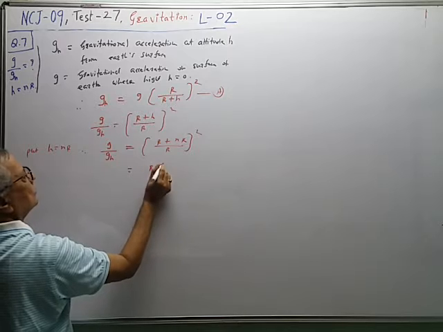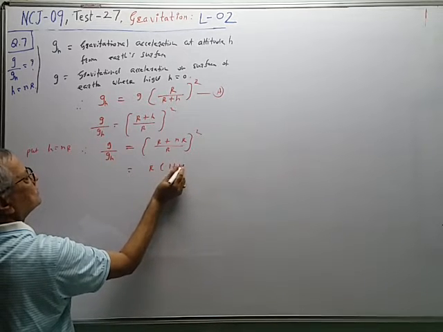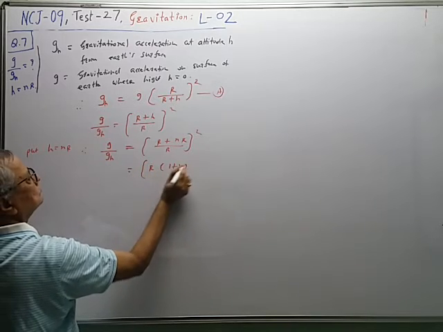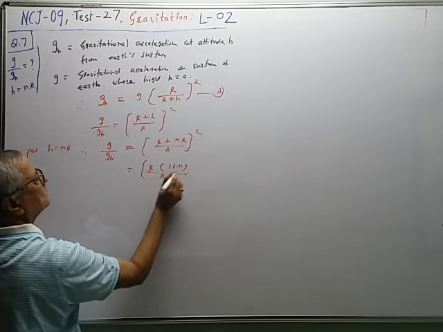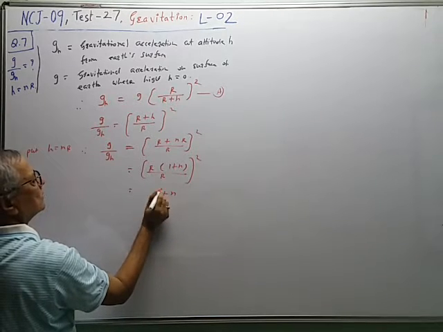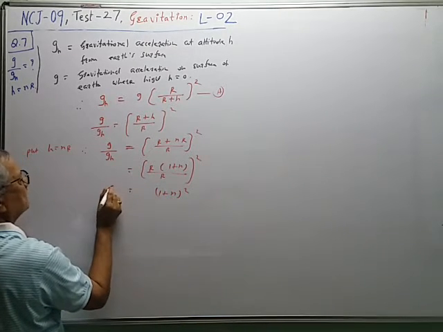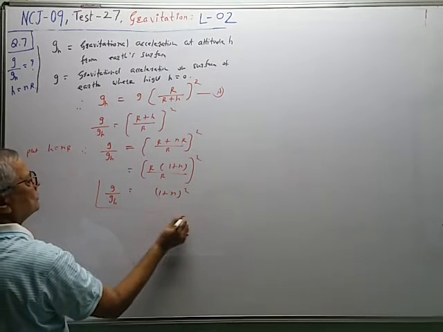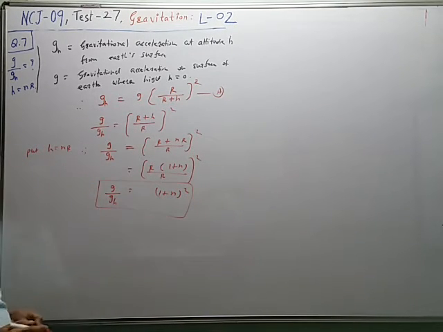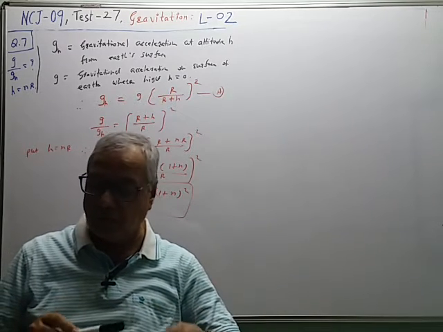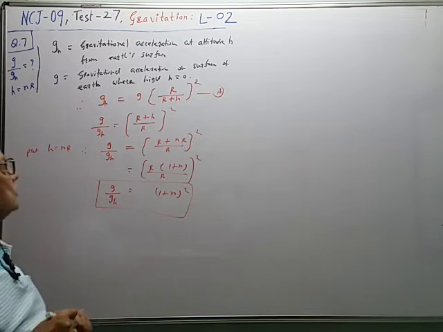So that is equal to r into bracket 1 plus n upon r whole bracket square, r cancel. So 1 plus n bracket square. So the ratio g upon gh is equal to 1 plus n whole bracket square, and therefore A choice is correct.